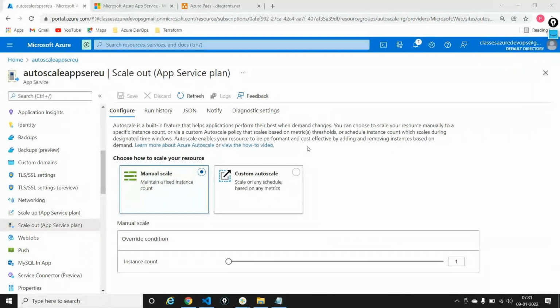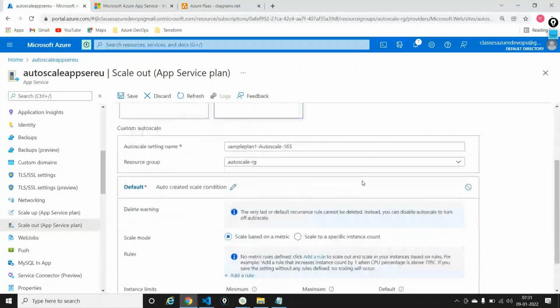Let me go into this custom autoscale here, and it asks me for a couple of things. Firstly, it asks for the name of the autoscale. I'll say sample autoscale first demo. The resource group in which this needs to be created is Autoscale RG.